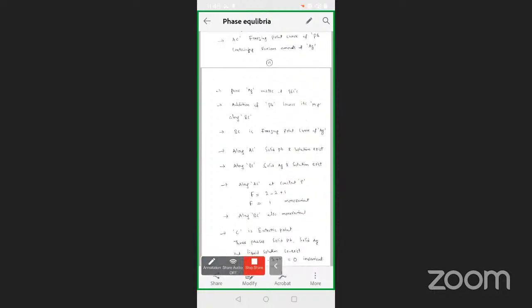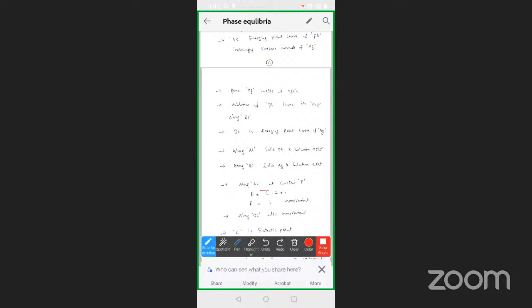Okay. Now applying the Gibbs phase rule along AC at constant pressure, F equal to C minus P plus 1. Since these are two components, two phases, by substituting, we'll get F equal to 1, which is monovariant.